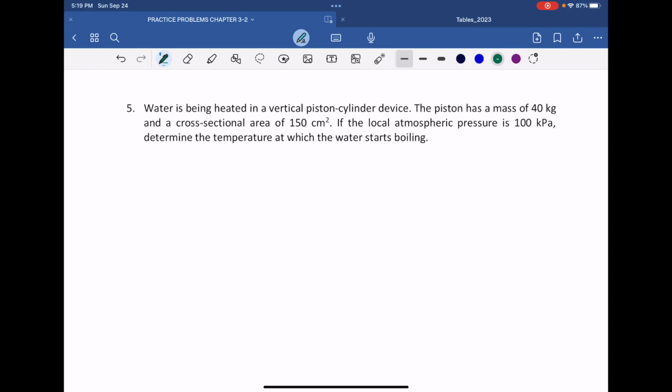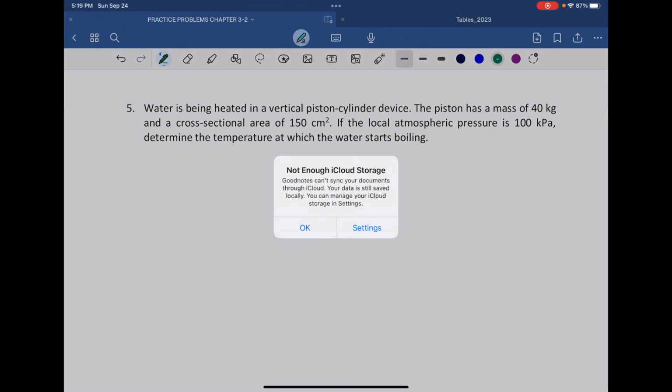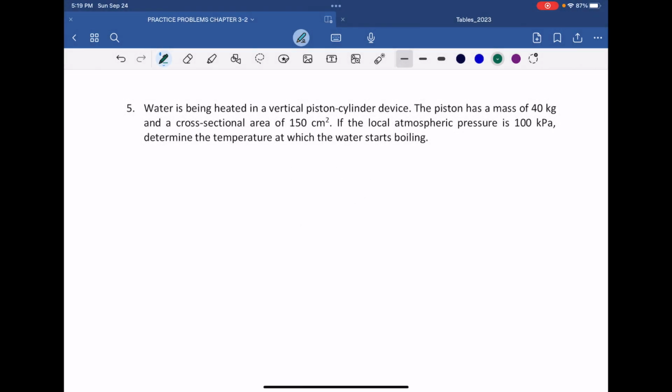All right, water is being heated in a piston cylinder device. Piston has a mass of 40 kilogram and a cross-sectional area of 150 centimeter squared. If the local atmospheric pressure is 100, determine the pressure at which the water starts boiling.